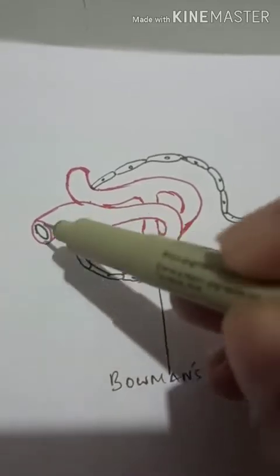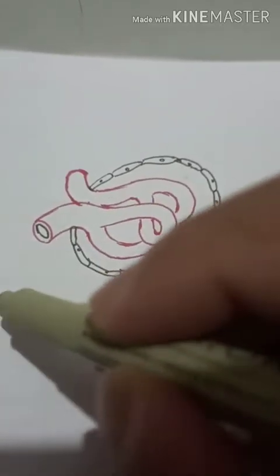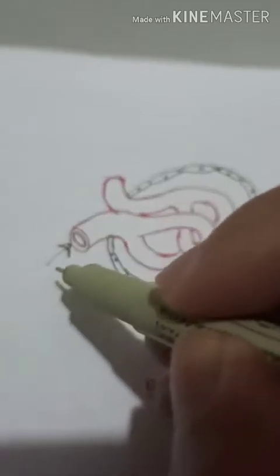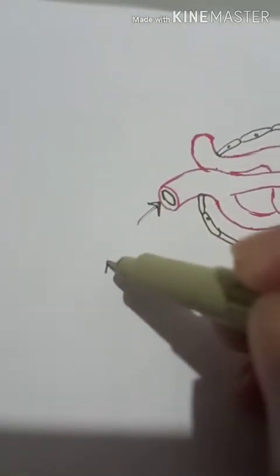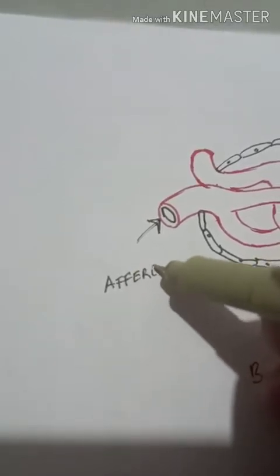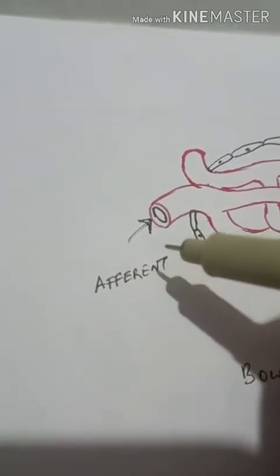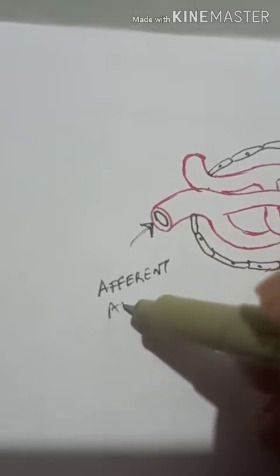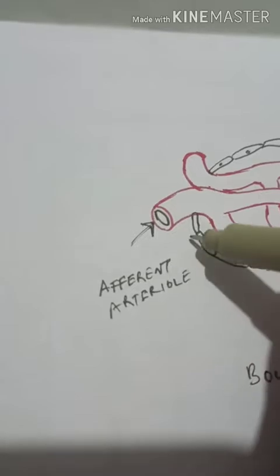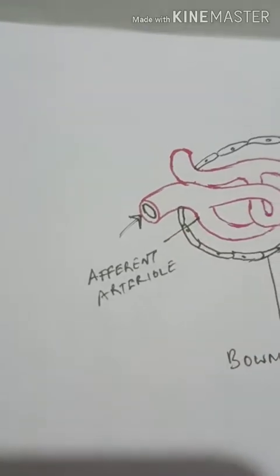You can see that the blood is coming inside through this afferent arteriole. Let me write the name here: the afferent arteriole is what is bringing the blood here.